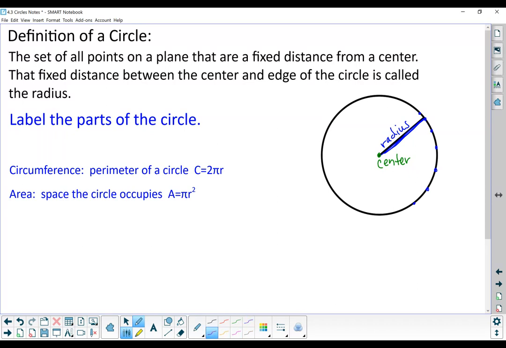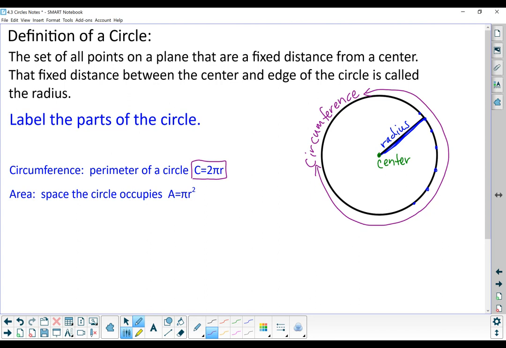Two other parts of a circle that you should be familiar with from prior classes is the circumference. The circumference is the distance or the length of that whole edge of the circle. It's like the perimeter of the circle. Circumference formula is 2 pi times the radius.